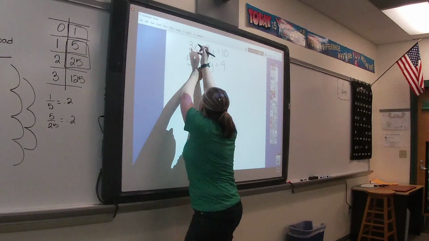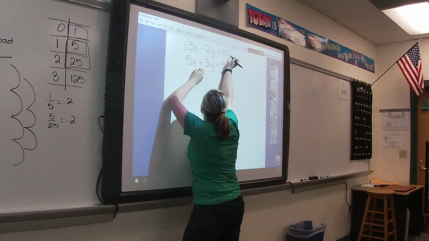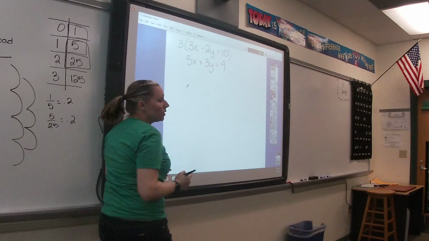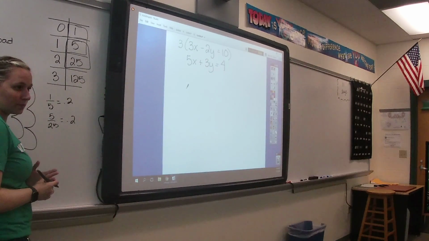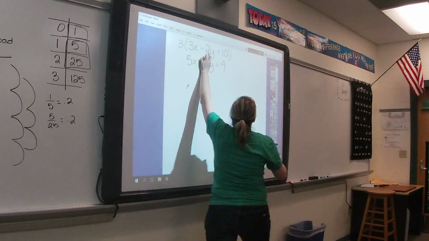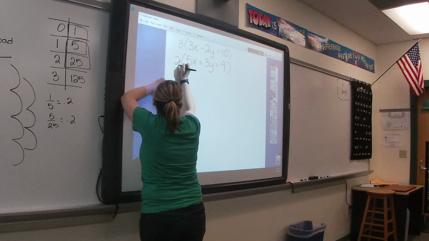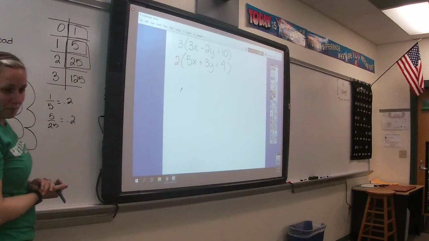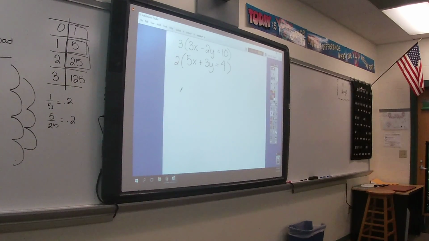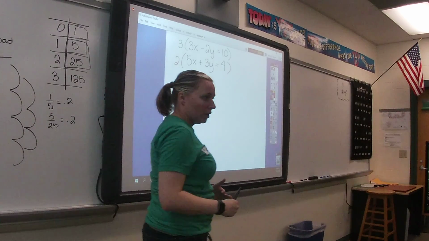That means the 3 that was on the bottom is coming up and getting multiplied on the top. The 2 that's on the top is going to the bottom. Notice I didn't bring it down as a -2, right?